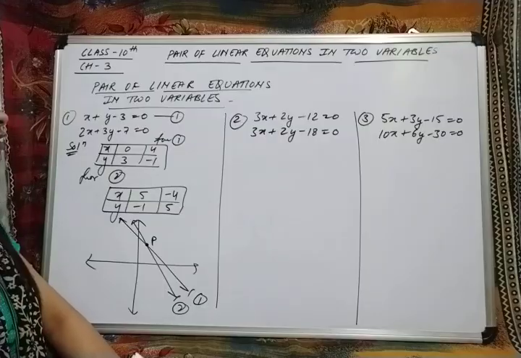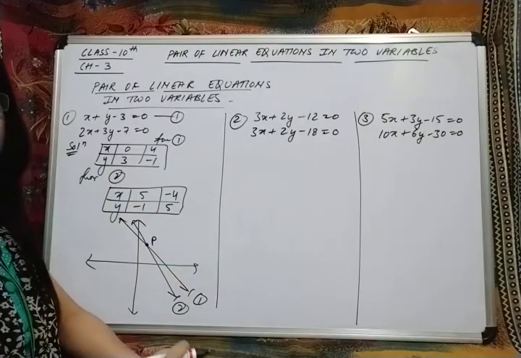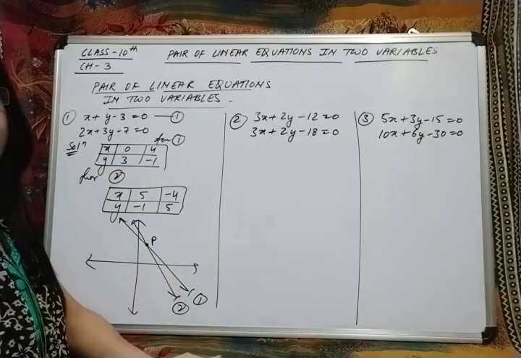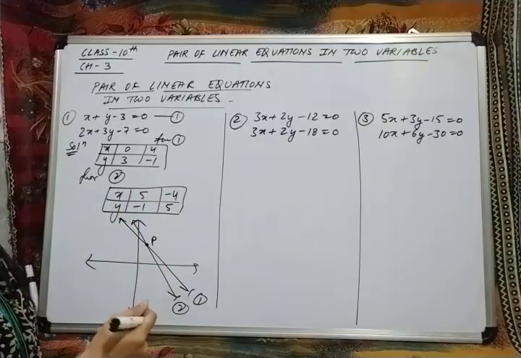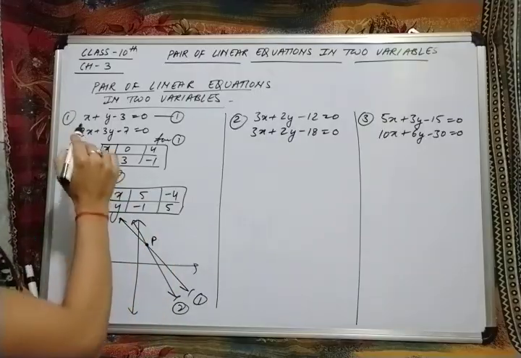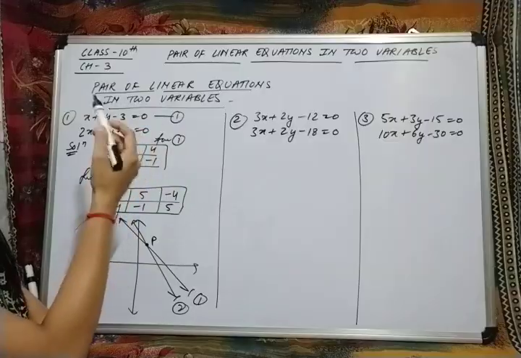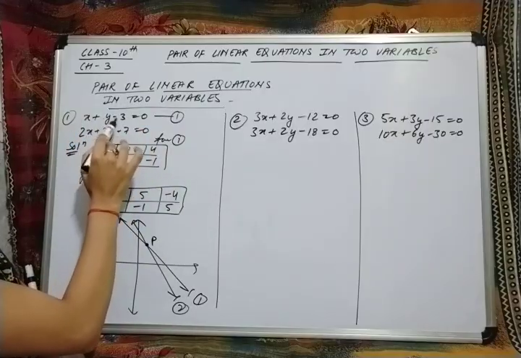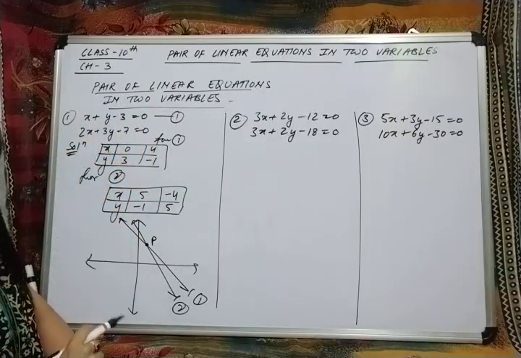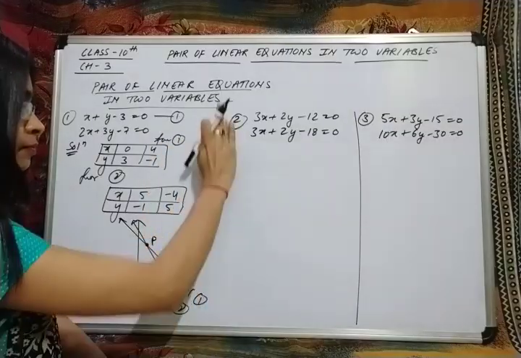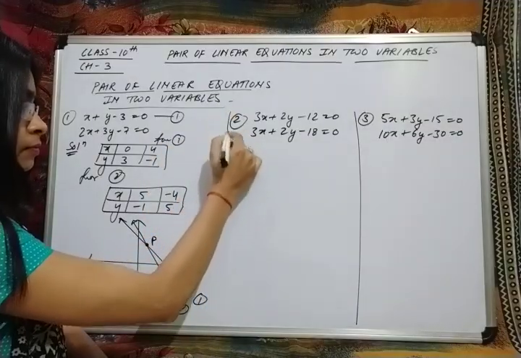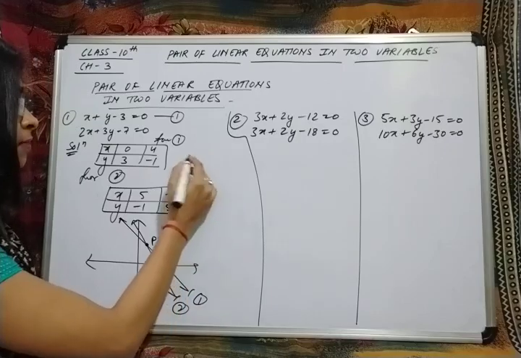Now, what is the thing we can infer from this? Which property can we infer? In which equations do we get this type of graph? Now see here. If I compare, what are A1, B1, C1 and A2, B2, C2? Just infer from here.